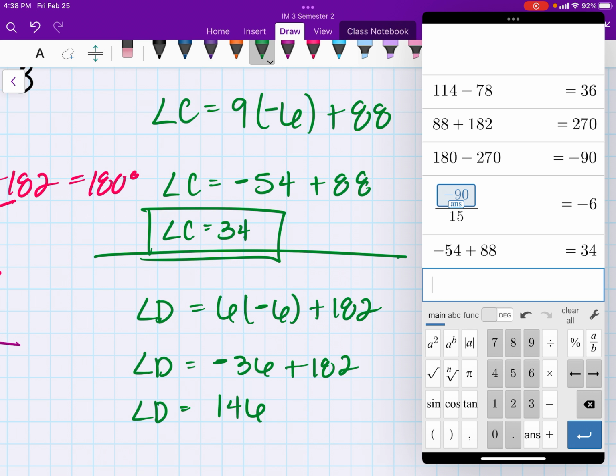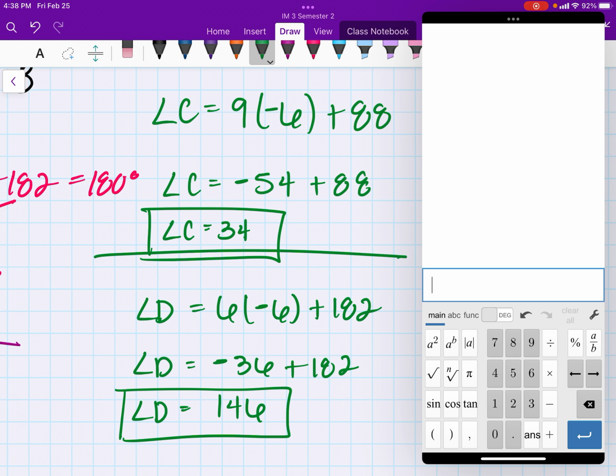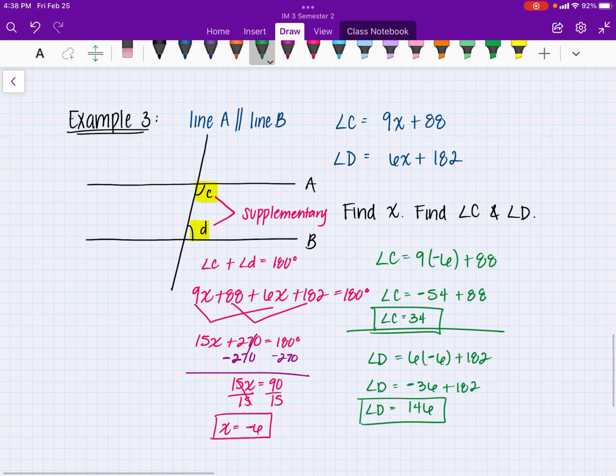Let's double check that, because like I said, we can't be too sure. And that is 146. Another way we could have done this is that since angles C and D are supplementary, I could have just done 180 minus 34, and that would have also given us 146. Okay, so that would be our work.